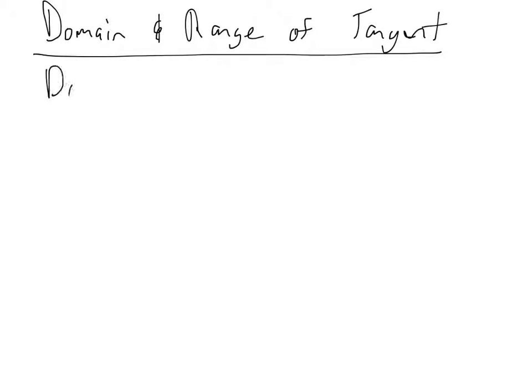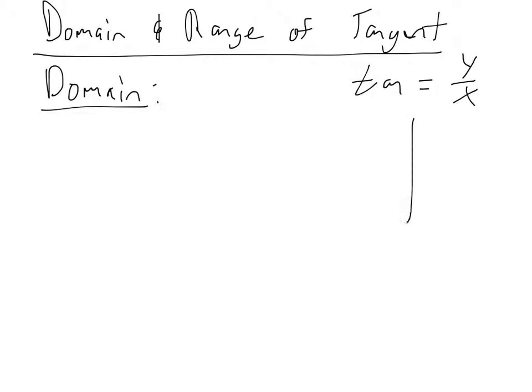First of all, the domain, that's probably the easier part. Tangent is equal to y over x. And so I'll go ahead and draw my unit circle again. Anytime x is equal to 0, that's not good. That's going to return a non-real value for tangent of theta.